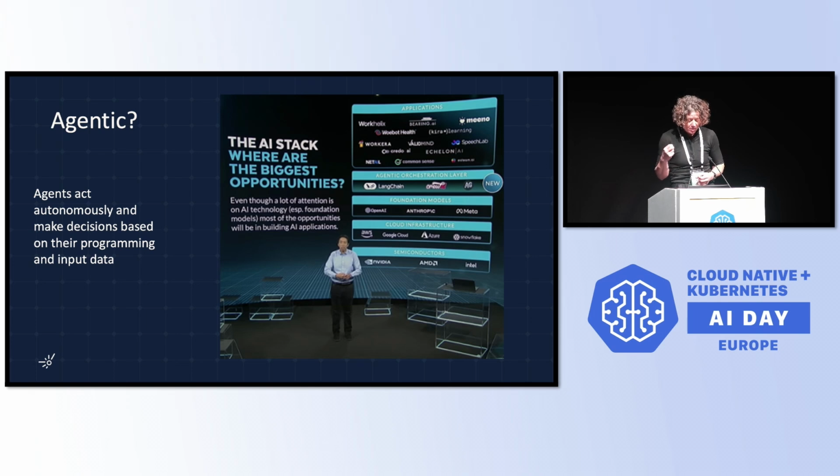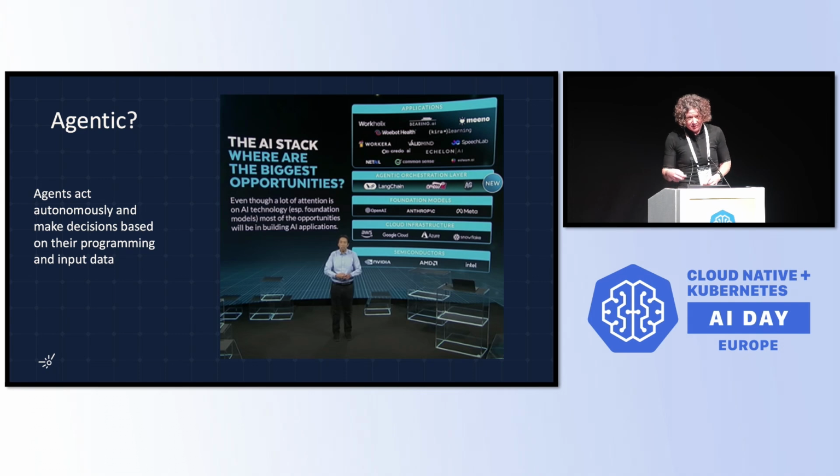The industry generally recognizes agents as acting autonomously, but that autonomous space they act in is based on what we tell them to do. So they're just software. We program them, we give them some inputs, and we ask for a set of outputs. They act within the boundaries that we define for them.